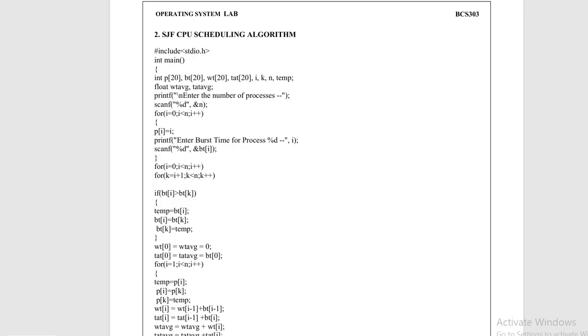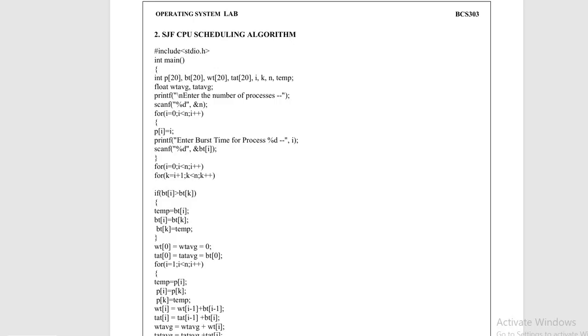Here int is used with the variables called p, bt, wt and tat, right? Where p defines process IDs, and bt, wt and tat are the burst time, waiting time and turnaround time of n processes. Here we are using a single dimensional array of size 20. Along with this, we are also using a few more variables such as i, k, n and temp.